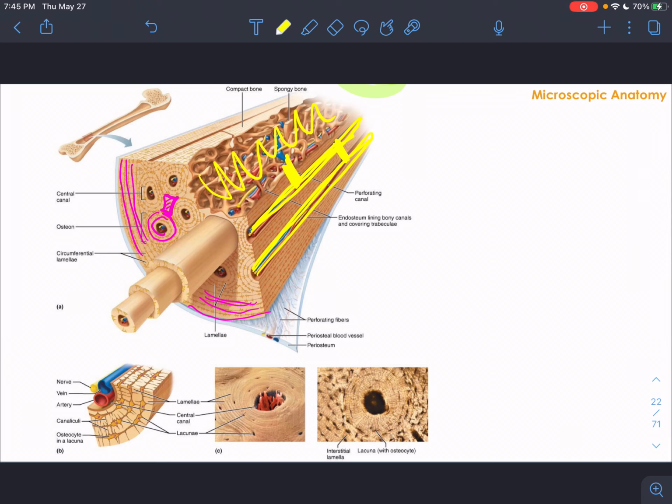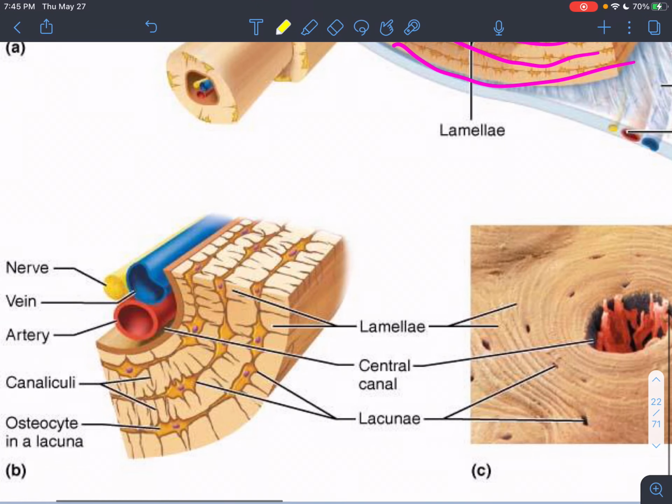We talked about, if we zoom in, so again, remember the lamellae are those hard bone matrix rings. We have little gaps within those called lacunae. So these little gaps in the lamellae are lacunae, which remember are the little lakes.